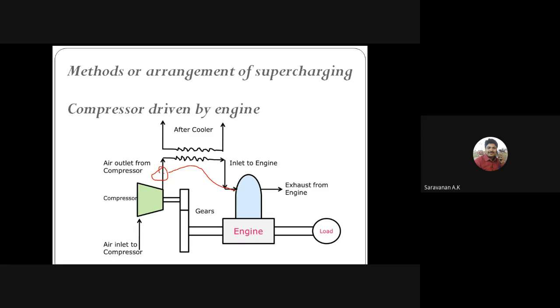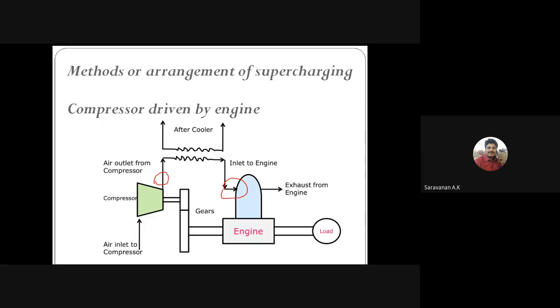At the same time, we have to reduce the temperature of the compressed air, so we have to use some coolers. Those coolers will cool the compressed air temperature. The air cooler will be used between the air compressor outlet and the engine inlet.